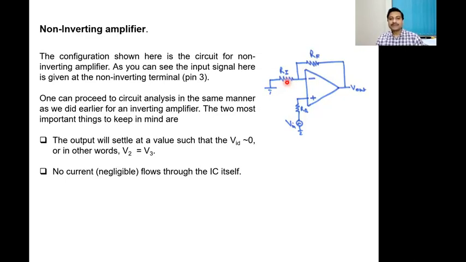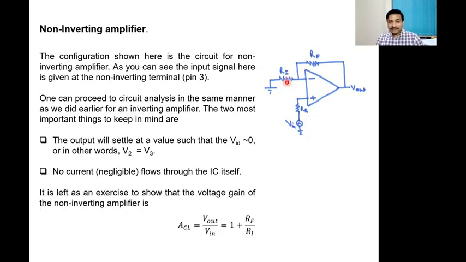With these two key things in mind, I will leave it as an exercise for you to show that the voltage gain, V out over V in, for the non-inverting amplifier is 1 plus RF over RI. One thing to note is there is no negative sign because the output is in phase with the input, and it's slightly different. It's not simply RF over RI, it is 1 plus RF over RI.